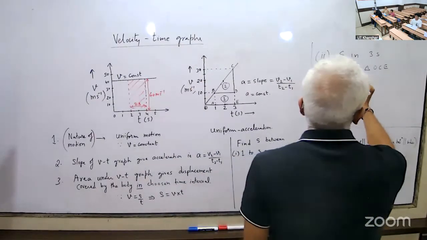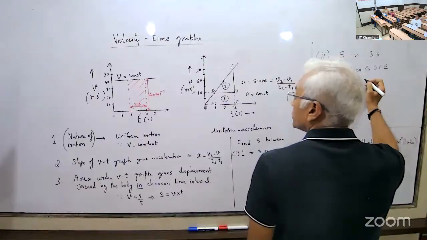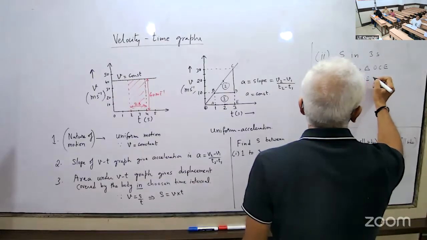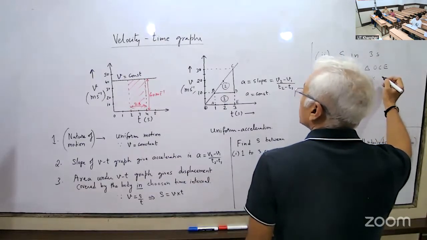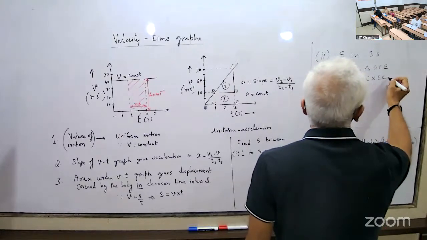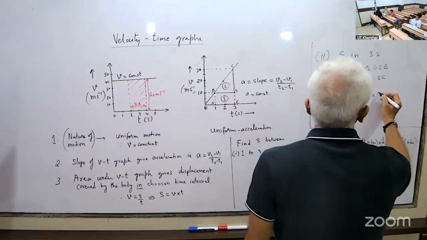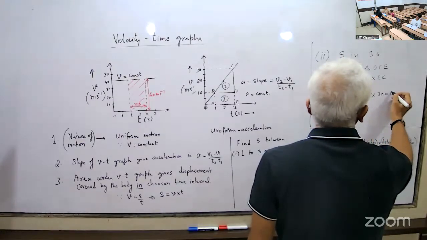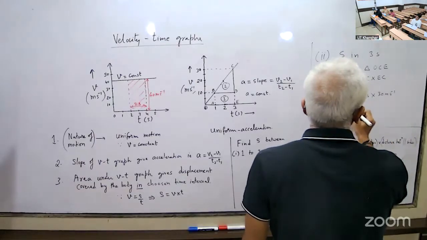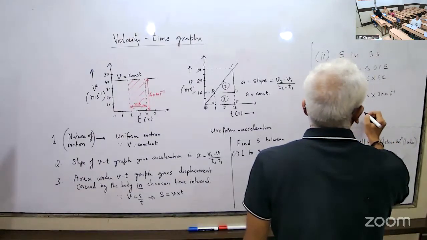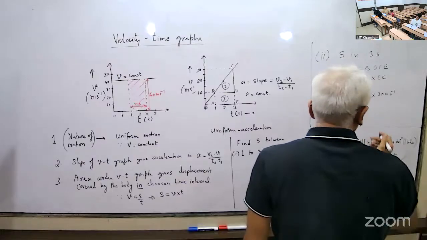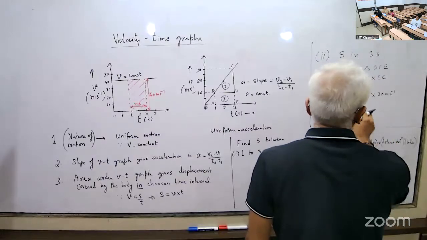So this is half. Base is OE into EC. What is OE? 3 seconds. EC is 30 meter per second. कितना हो गया? This is 0.5 or 90 by 2, whatever, 90 by 2.